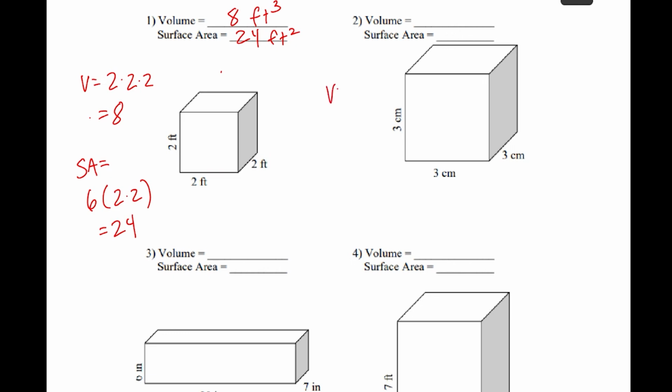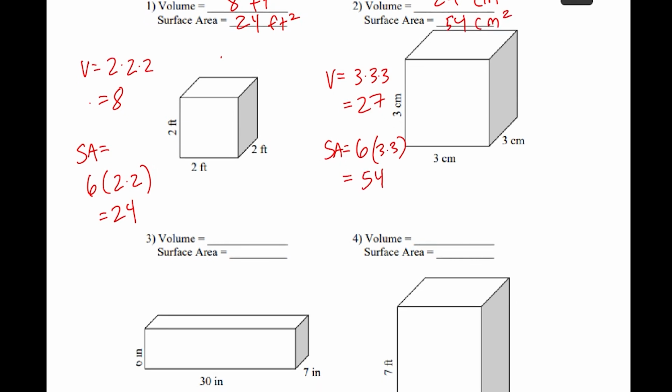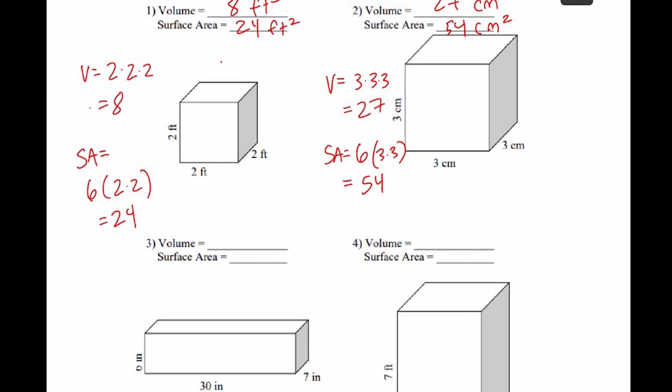For number 2, the volume is 3 by 3 by 3, which is 27, and that'll be cubic centimeters. For the surface area, again, with the cube, you've got 6 identical sides. All of them are 3 by 3, so you got 9 times 6, which is 54 square centimeters. Okay, that's good for that one.